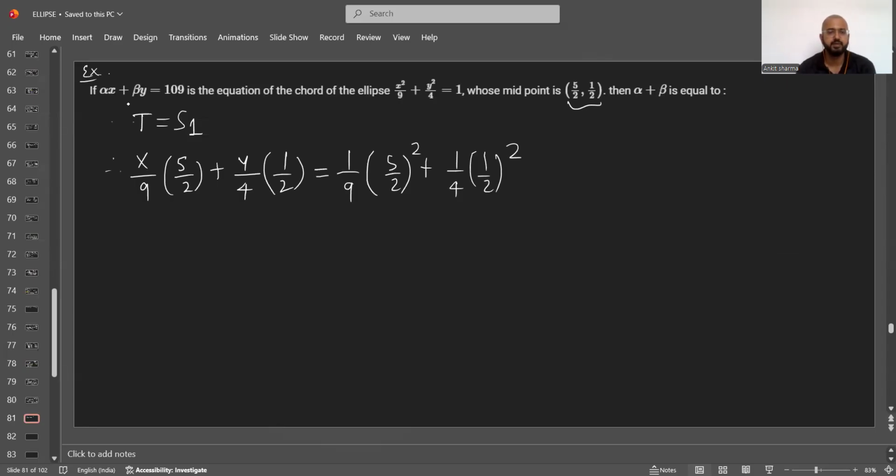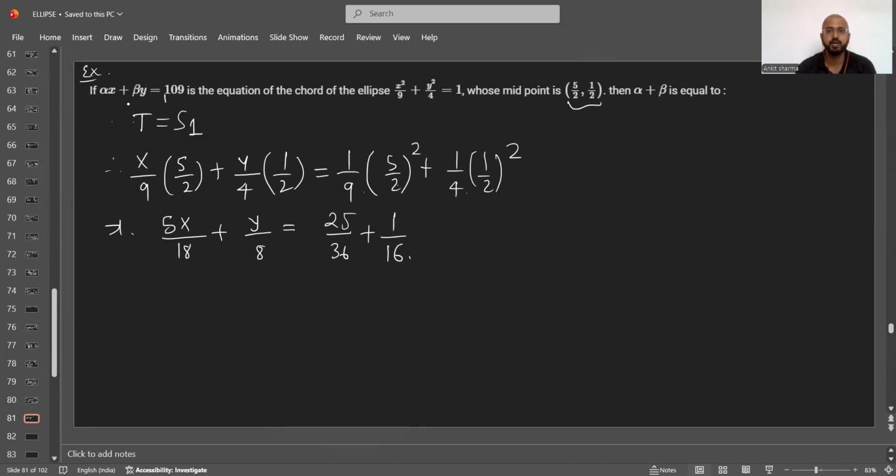We need now to simplify this equation basically. So this looks like 5x over 18 plus y over 8 is equal to, this will be 25 over 4 into 9 is 36, plus 4 into 4 is 16. So I get 1 over 16 here. So we now need to simplify this into the desired format.